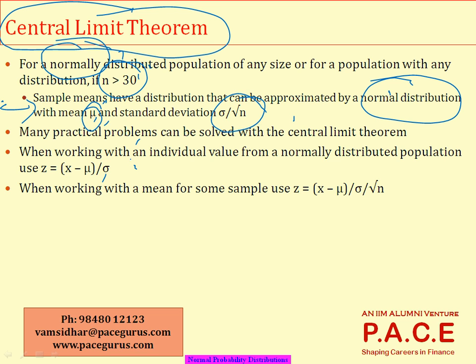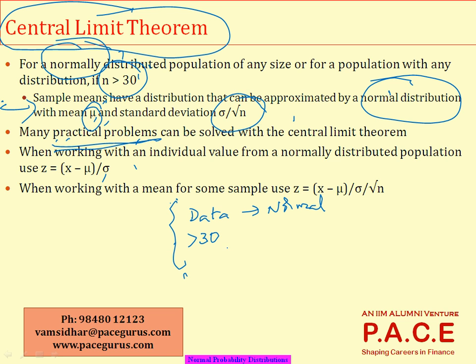So lots and lots of practical problems in terms of estimations can be resolved using this central limit theorem. It works under these two conditions. One, either the data follows a normal distribution, or even if the data is not normal, the sample size is greater than 30.